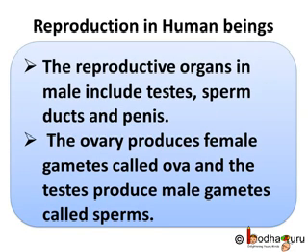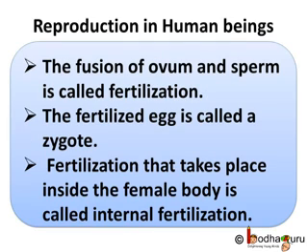The reproductive organs in the male include testes, sperm ducts, and penis. The ovary produces female gametes called ova, and the testes produce male gametes called sperms. The fusion of ovum and sperm is called fertilization.